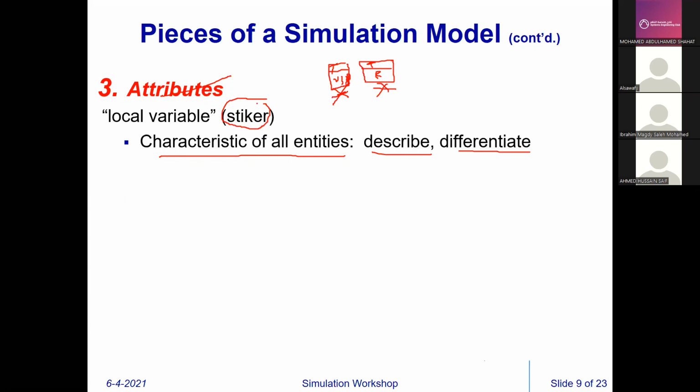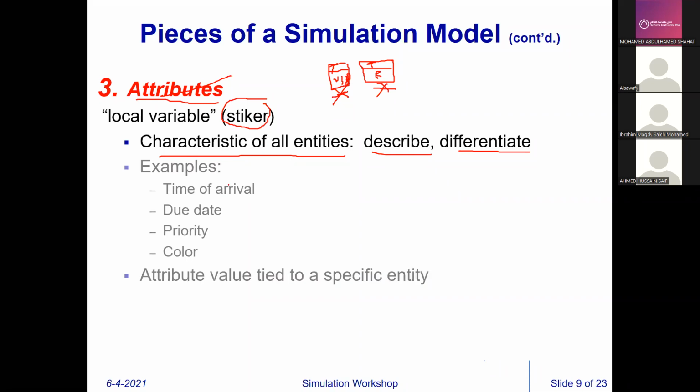If you just remember this sticker, you will understand it well. So for example, we could differentiate entities using their time of arrival. For each entity, there is a different time of arrival. So the name of the sticker will be time of arrival, but each entity has a different value. Maybe for priority, I may name a sticker priority, for critical patients and non-critical patients.